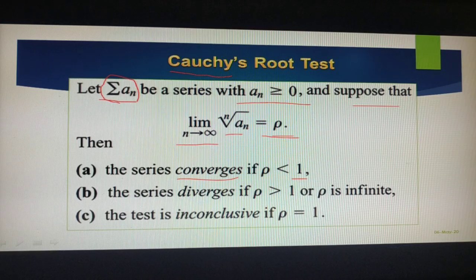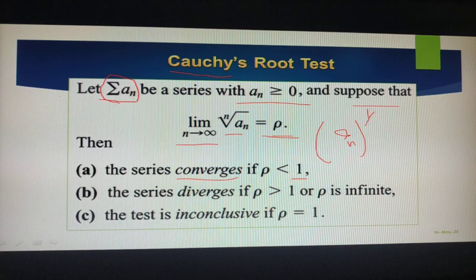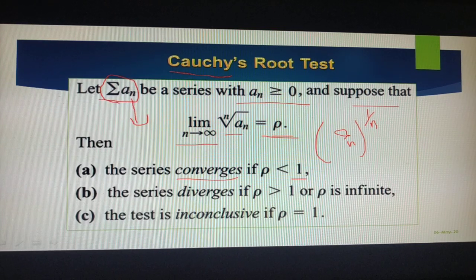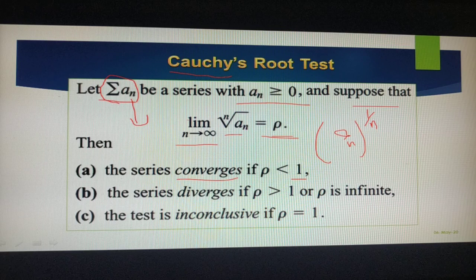What it tells us is, if I take the nth root of an, meaning an whole to the power of 1 by n, that is the meaning of the nth root. We have the nth term in our series. For that nth term, if you apply this formula, limit n tends to infinity of an to the power of 1 by n, you should get some limit. The limit may be finite or infinite, it doesn't matter.